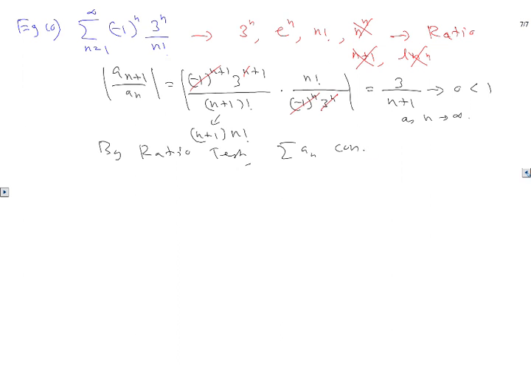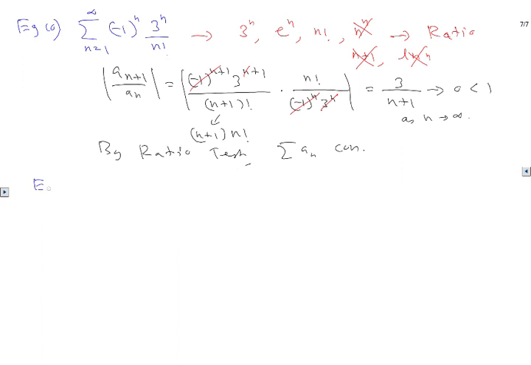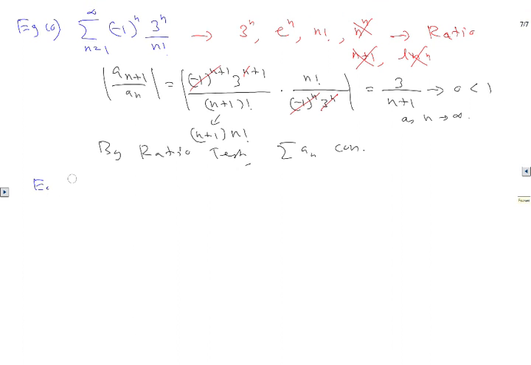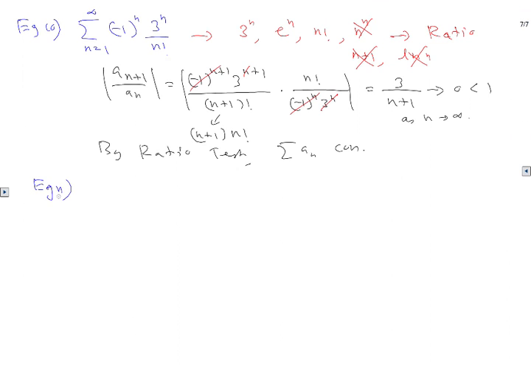And then the last example is this one, example number 11. Sigma n going from 1 to infinity, (3n minus 4 over 5n plus 7) to the nth power.